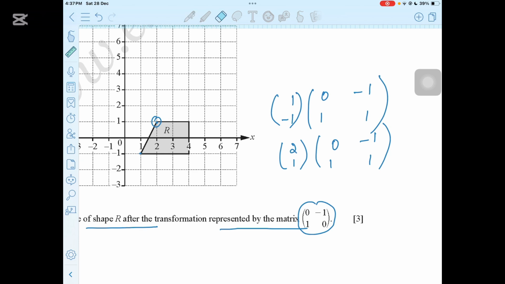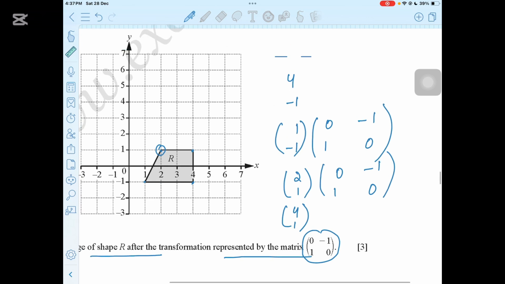Sorry, this is 0, and similarly these two, which is 4,1 and 4, -1.